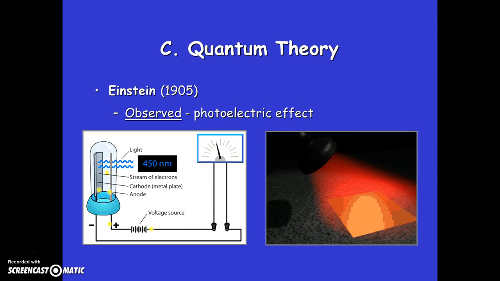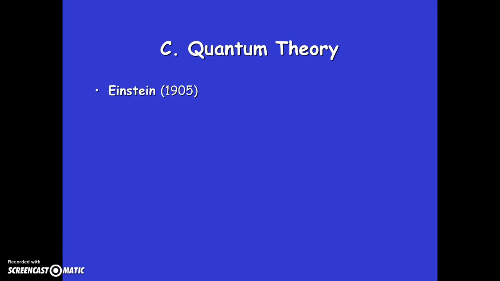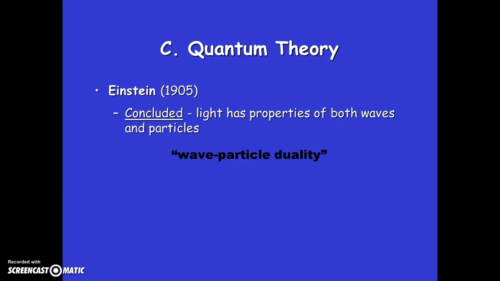And he was able to measure the voltage of those electrons that came off of it. And so these two studies combined put together a phenomenon called wave-particle duality. And they concluded that light has properties of both waves and of particles, kind of like a boat existing on the waves of an ocean.